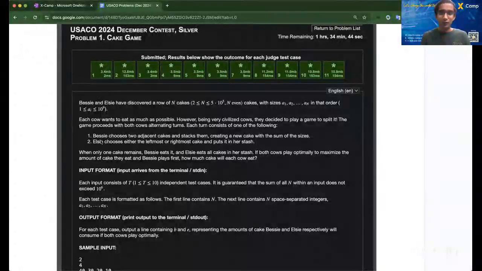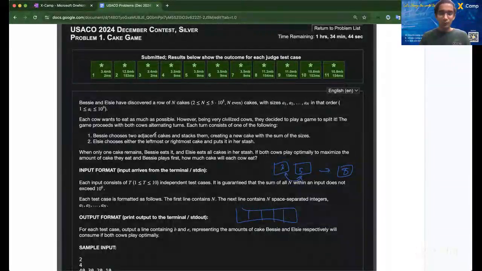Either Bessie takes 2 adjacent cakes and merges them so that it's the sum. So if it's 3 here and 5 here, then Bessie might merge them and it'll become 8. Then Elsie, given all the cakes, will choose the leftmost or rightmost cake and take it.